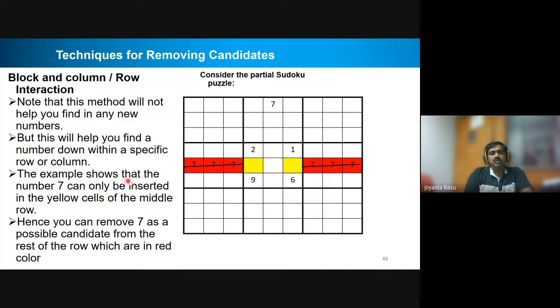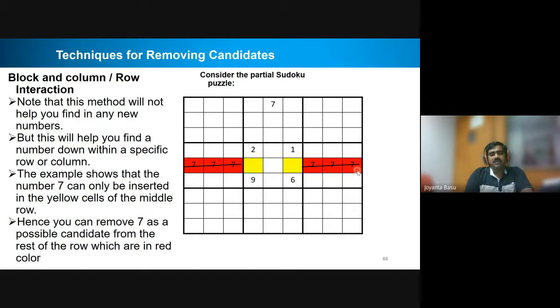The example shows that the number 7 can only be inserted in the yellow cells, here and here. If I can write 7 here or right here, then we cannot write 7 here. So in this cell we can remove the 7.